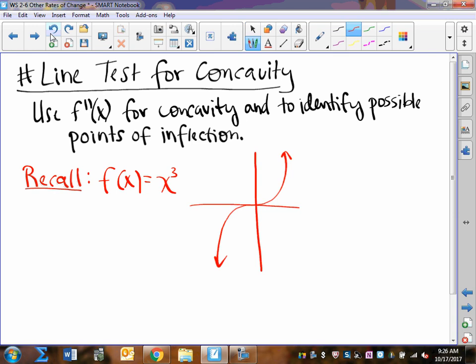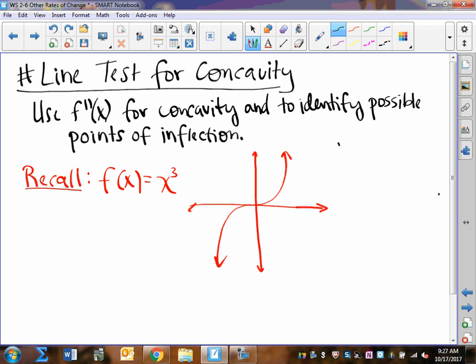So this is my x cubed graph. Do you guys remember what concavity is? Concave up, concave down. It has to do with the curvature.